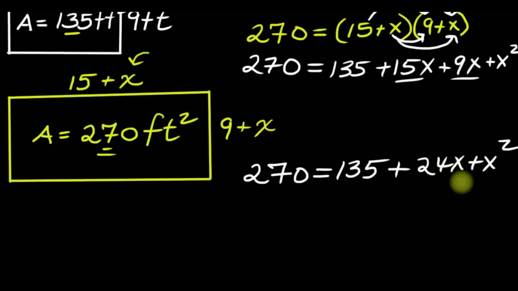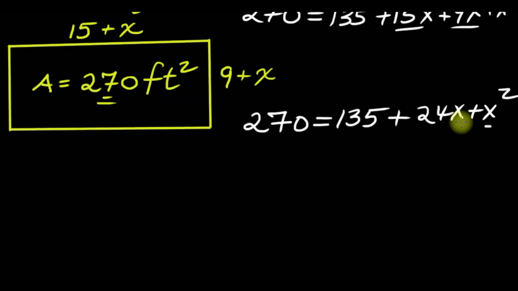Okay, this is a quadratic equation because of the x squared. My goal is to find out what x is, so since it's a quadratic equation, first thing I need to do is to set this equal to 0. I would have to minus 270 to make it come out to 0.